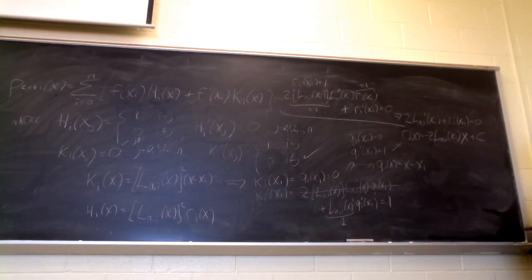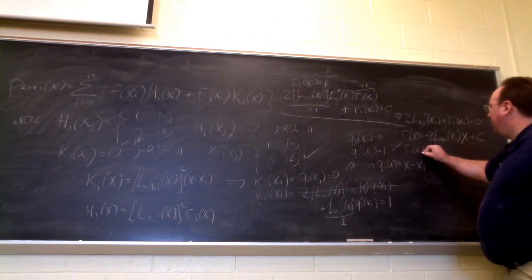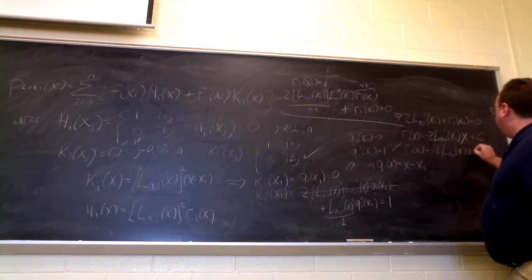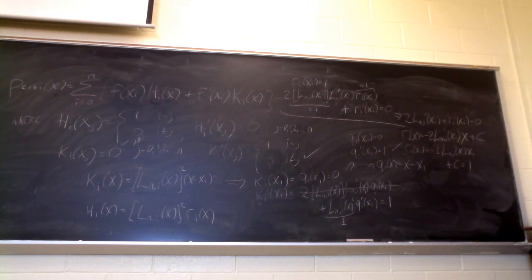Let's go ahead and plug in x_i: minus 2 l_i prime of x_i times x_i plus c is equal to 1. So now we use that to solve for c.